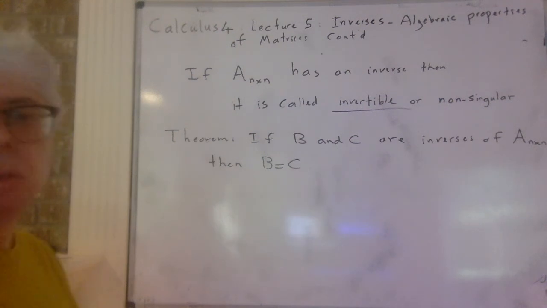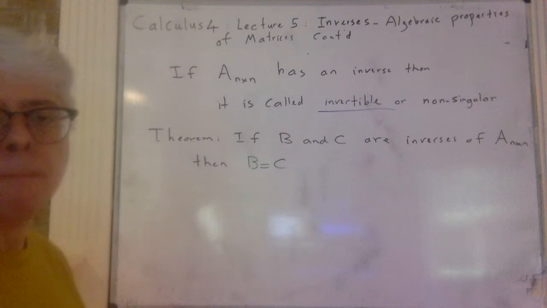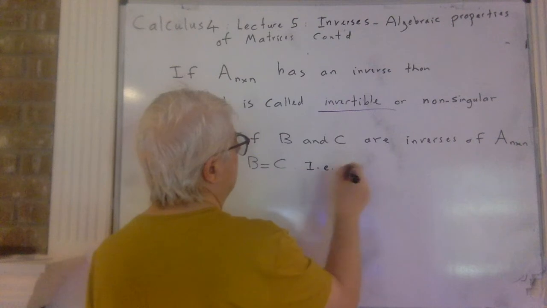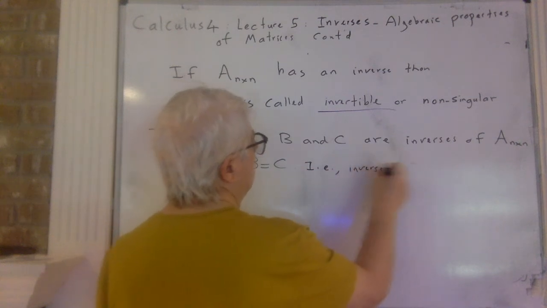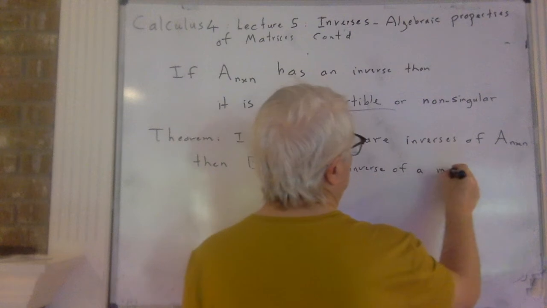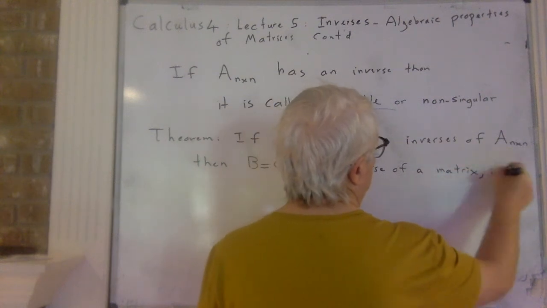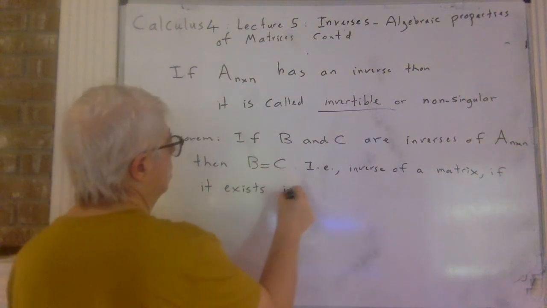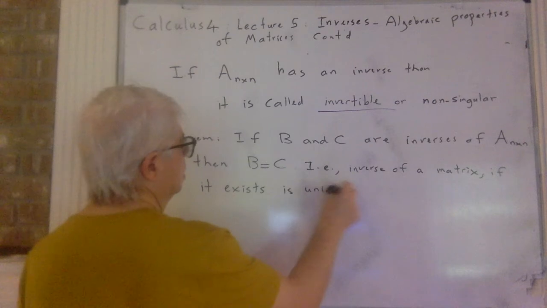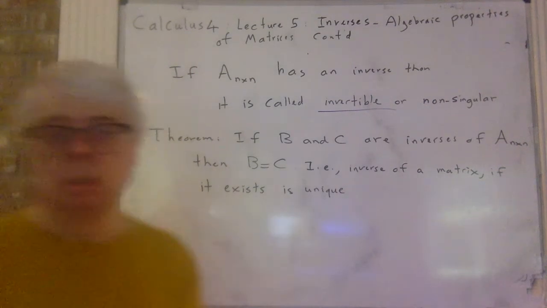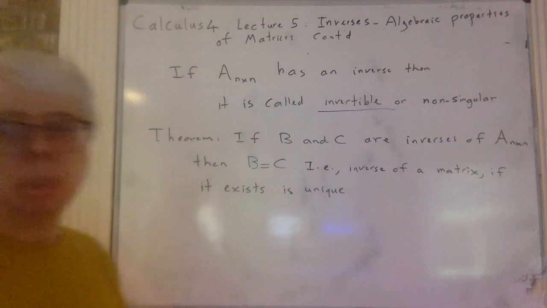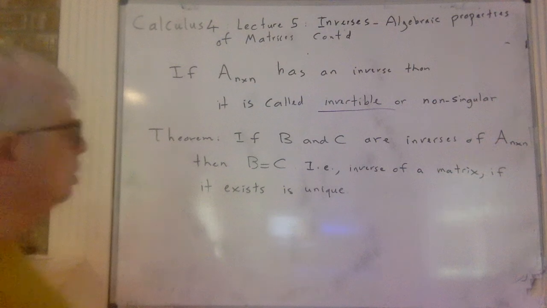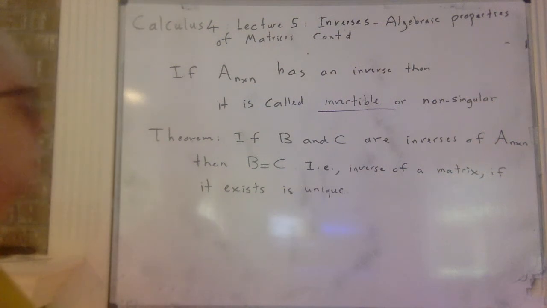The inverse of a matrix, if it exists, is unique. So if you find an inverse using some method, then that's it. There is no other inverse. That's the only inverse. So let's see if we can prove this together.